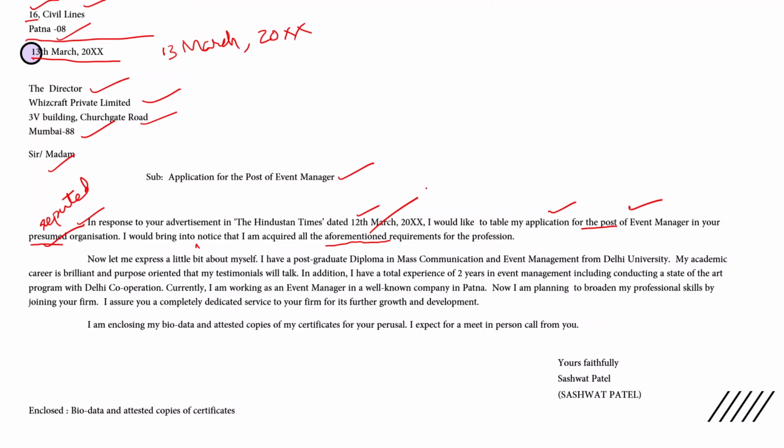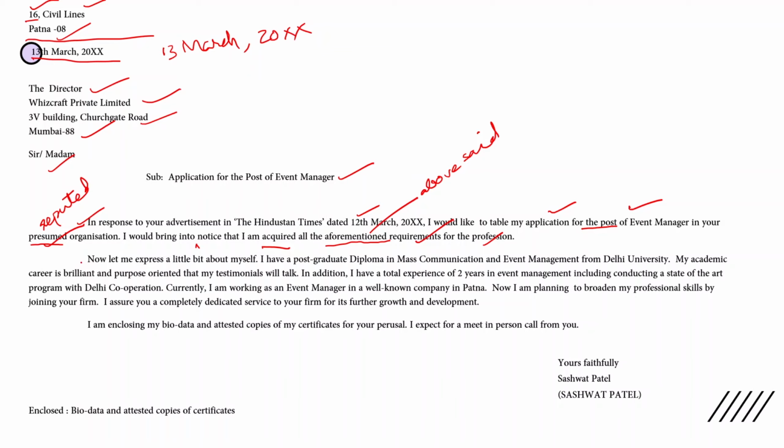Aforementioned means aforesaid or above said, or as mentioned in the advertisement, all the requirements for the profession. Acquired. So I have acquired all the requirements for the profession.